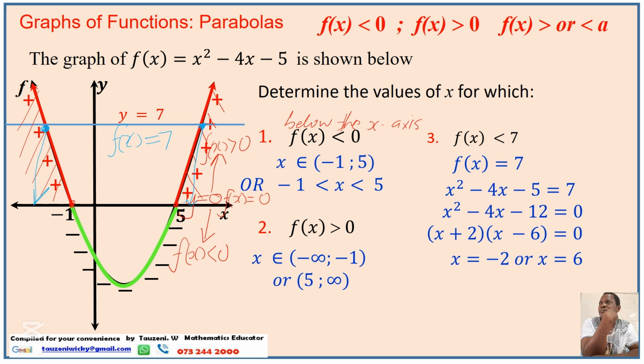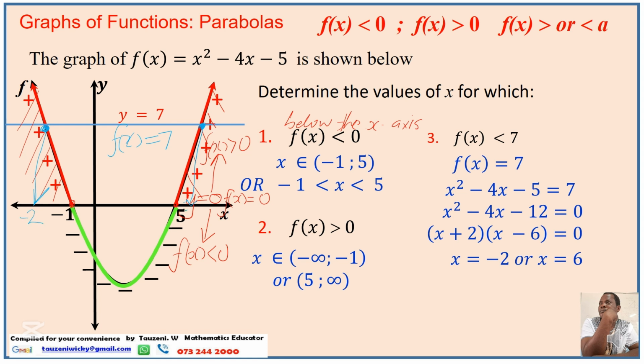Now, the two values that we have for x, one is for the first point and one is for the next one. So the one on the left is negative 2 and the one on the right is positive 7.